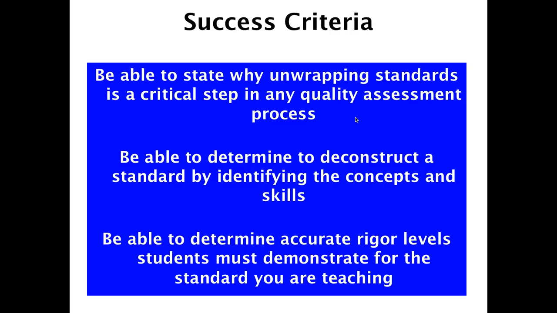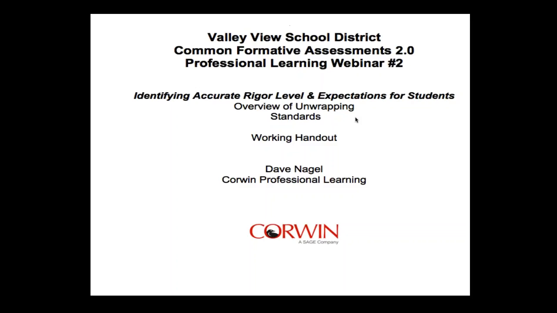Be able to determine how to deconstruct a standard by identifying the concepts and the skills that are written and embedded within the standard, and then determine accurate rigor levels that students must demonstrate to meet the standard you are teaching. So again, you see these on your working handout, which hopefully everyone has in front of them.